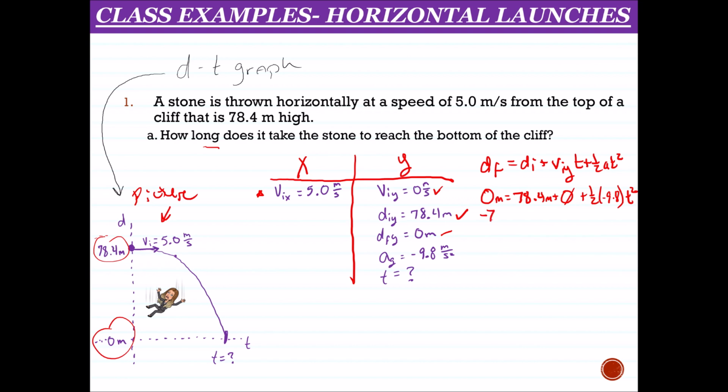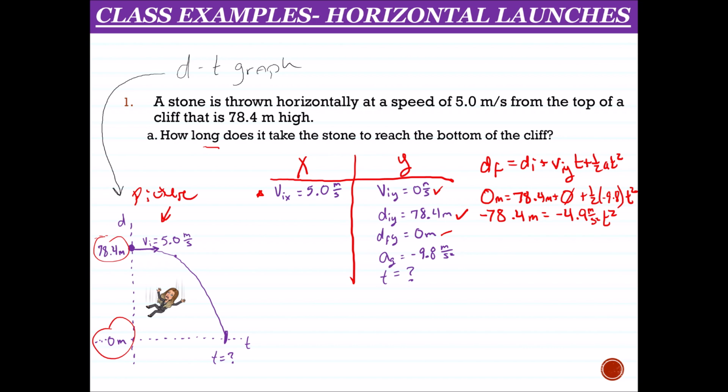I'm going to move my 78.4 to the left side. Half of negative 9.8 is negative 4.9 meters per second squared times time squared. Divide by negative 4.9 on both sides. Let's crunch those numbers.